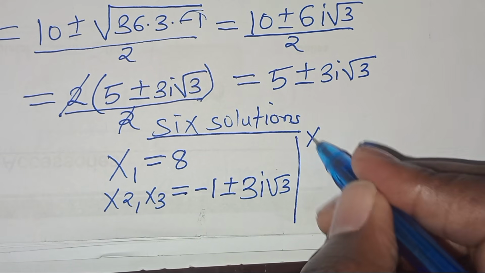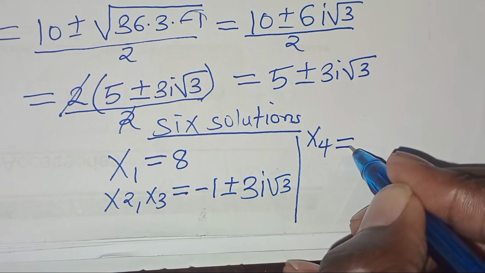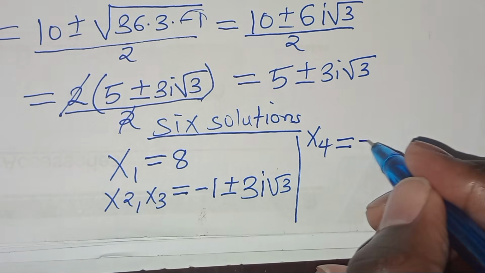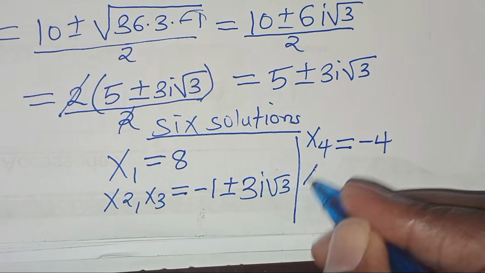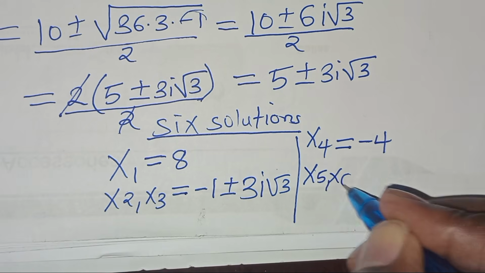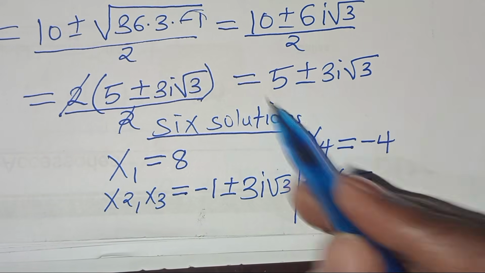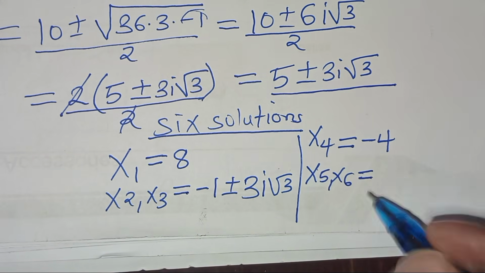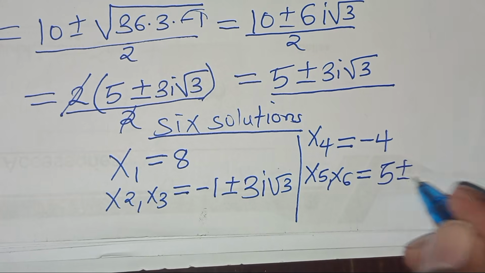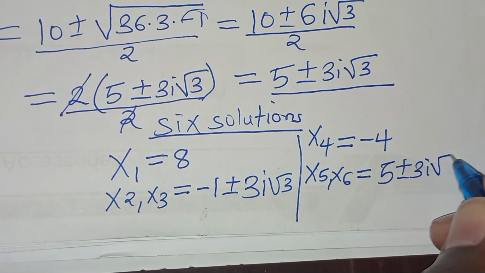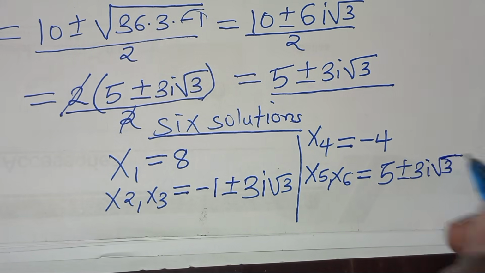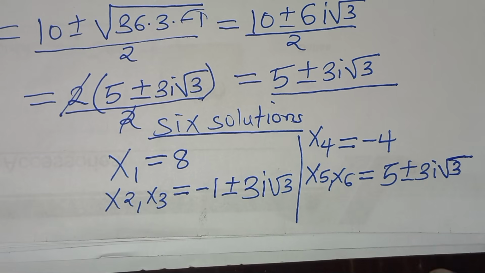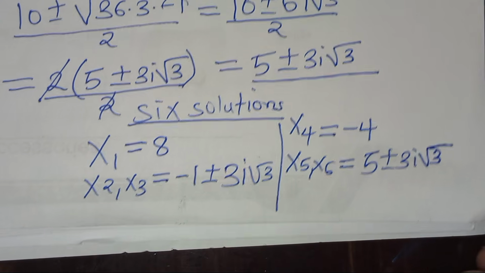Then we have x4, which is equal to negative 4. And we have x5, x6, which is 5 plus or minus 3i square root of 3. And these are the 6 solutions to this problem.